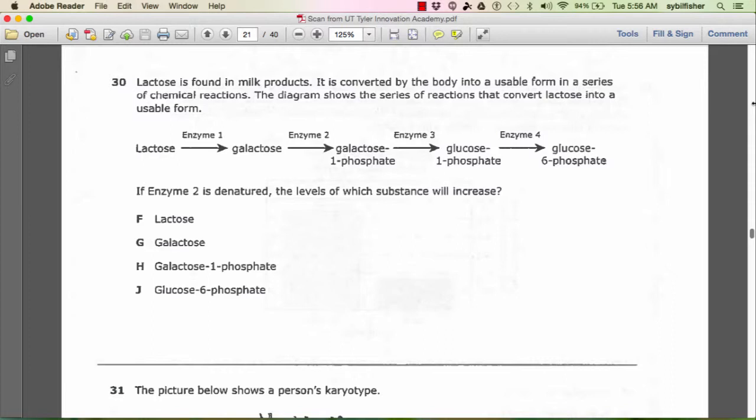If enzyme 2 is denatured, the levels of which substance will increase? F. Lactose, G. Galactose, H. Galactose 1-phosphate, or J. Glucose 6-phosphate.